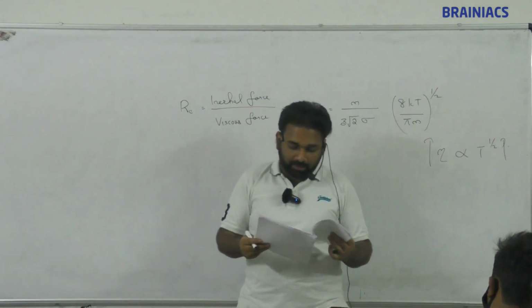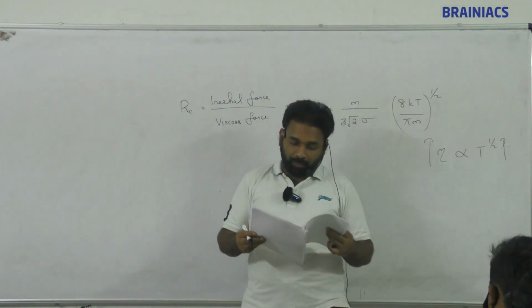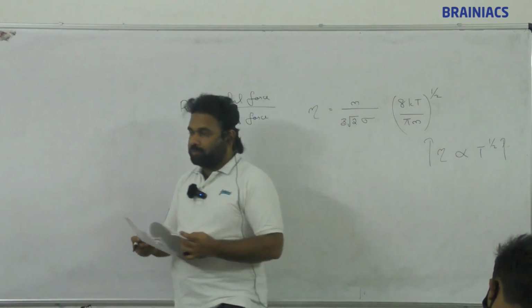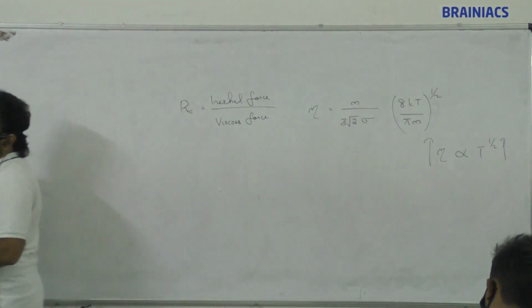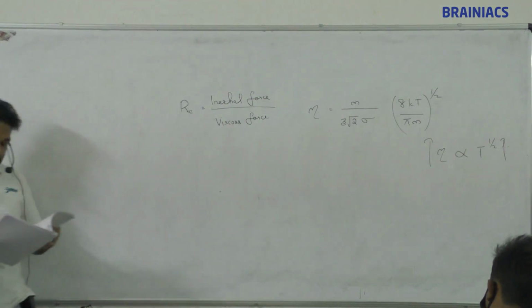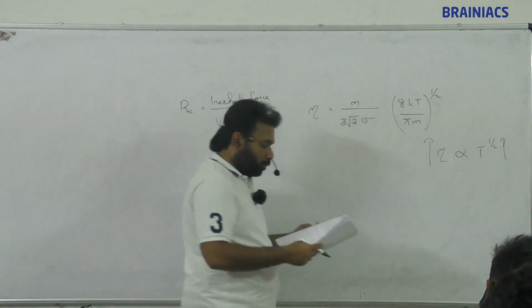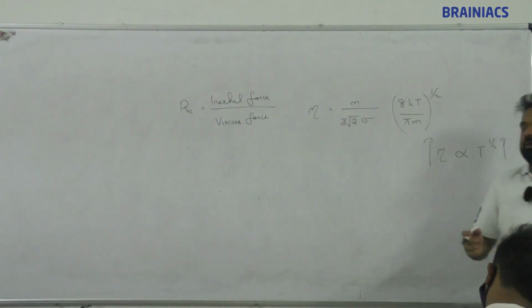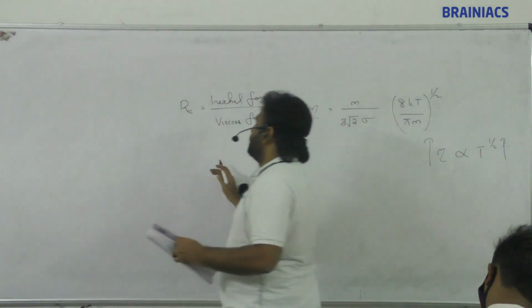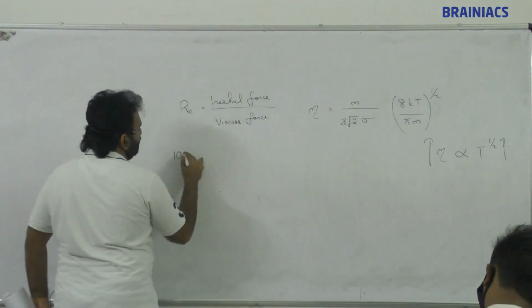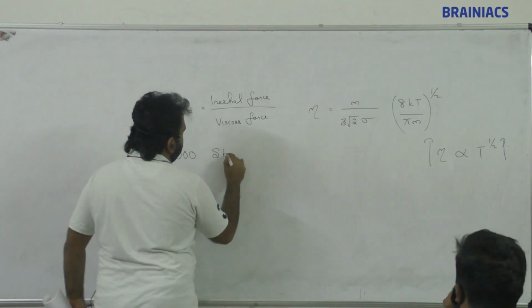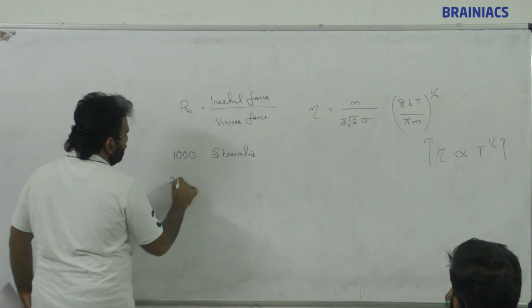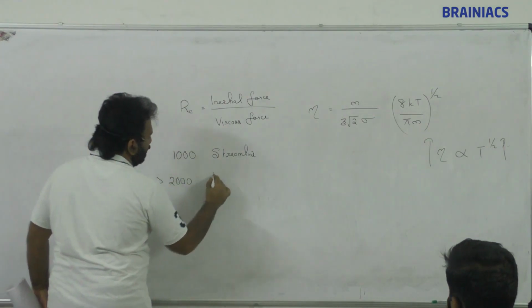Here, if it is less than 1000, then this is streamline. Greater than 2000, it is turbulent.